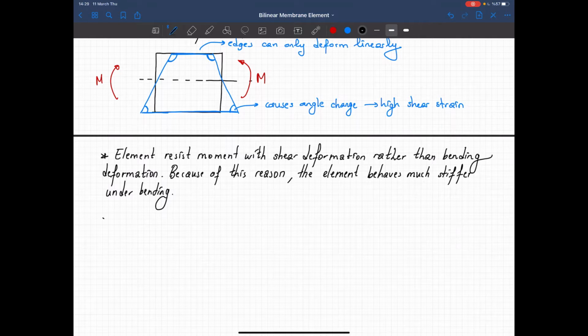And this is a known phenomenon, actually. This phenomenon is known as membrane or shear locking.